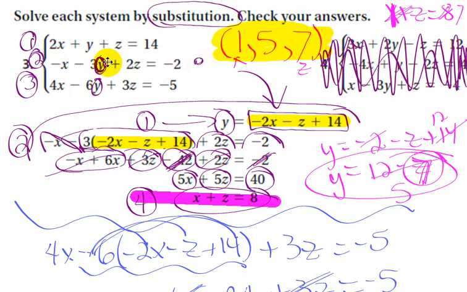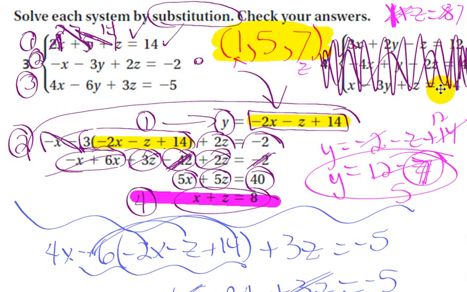So let's clean this up and we'll do that. Okay, so to plug in 1 for x, 5 for y, and 7 for z. So we have 2 times 1, which is 2. 2 plus 5 is 7. 7 plus 7 is 14. 14 does match 14, so our first equation's good.